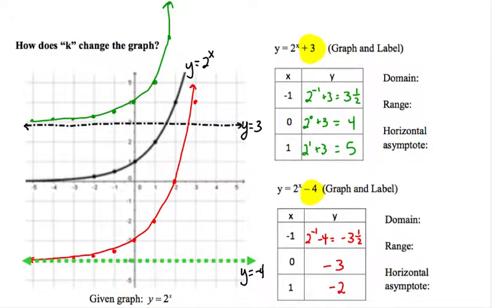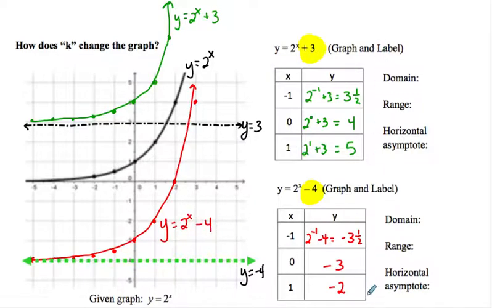If I go back, let me label these quickly so that you know which one is which. Up here, this is y equals 2 to the x plus 3. And this one down here is y equals 2 to the x minus 4.